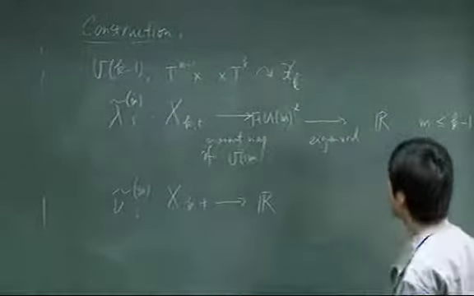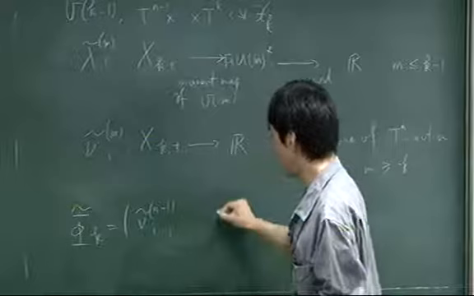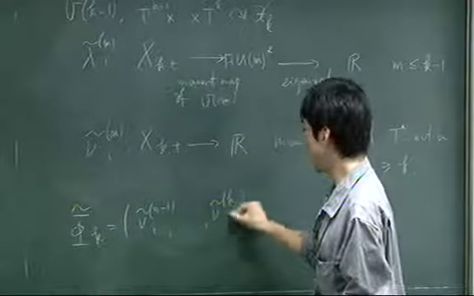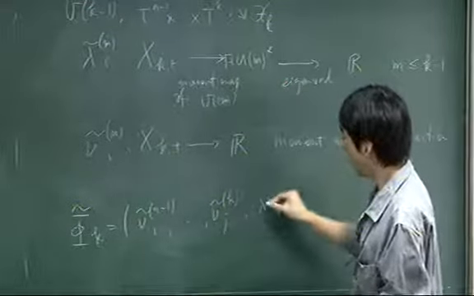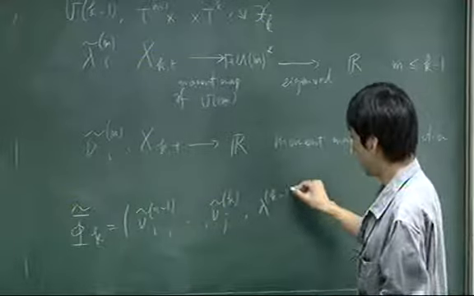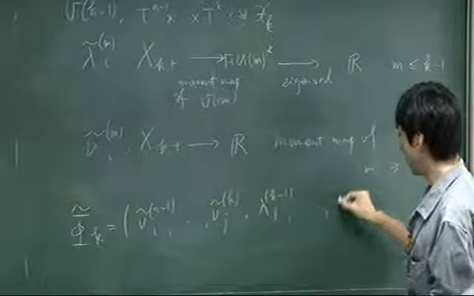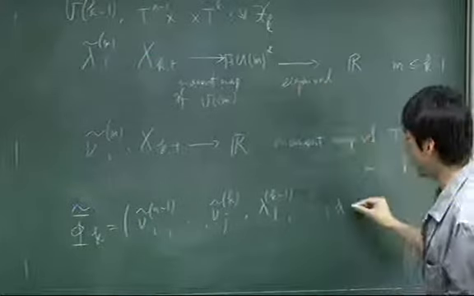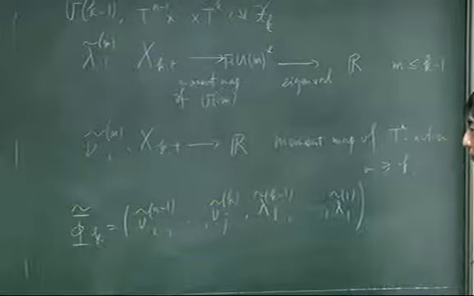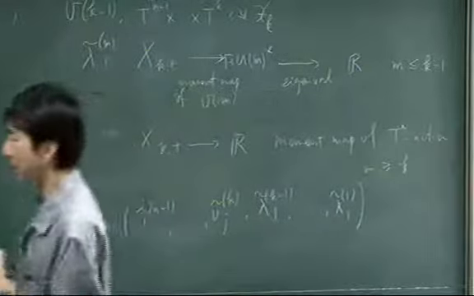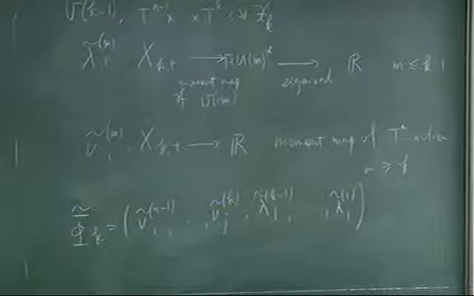Then phi tilde is just given by these functions. This corresponds to this torus action, and the smaller part comes from the unitary group action. And from the construction, it is rather easy to see these properties.